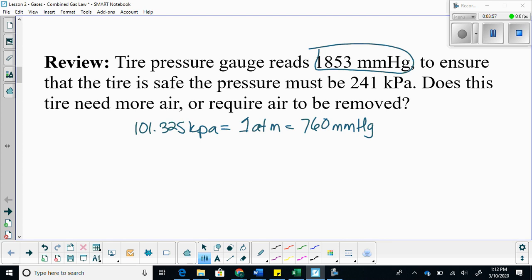This is an equality. Okay, they equal each other. From an equality, we can make a ratio. So the two units of interest that we are going to address here is kilopascals and millimeters of mercury. I'm going to convert the millimeters of mercury.